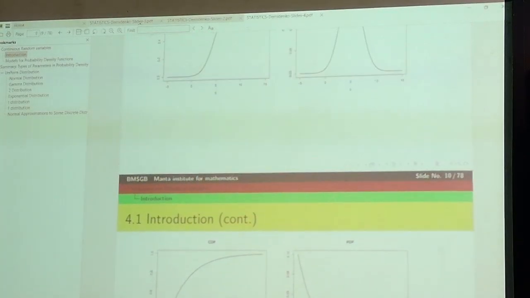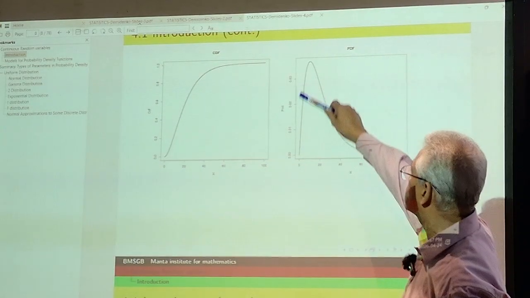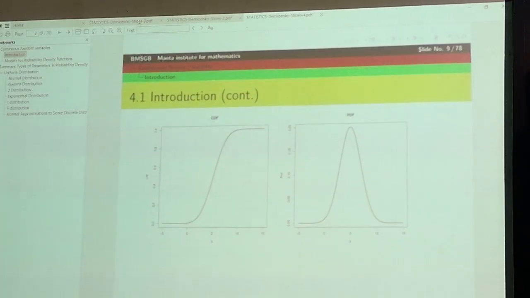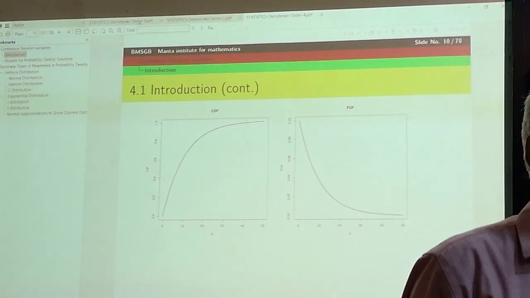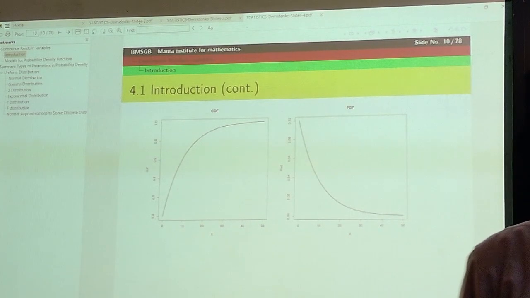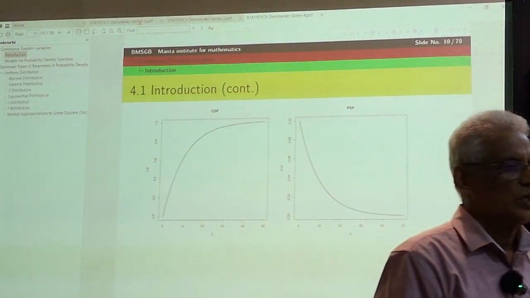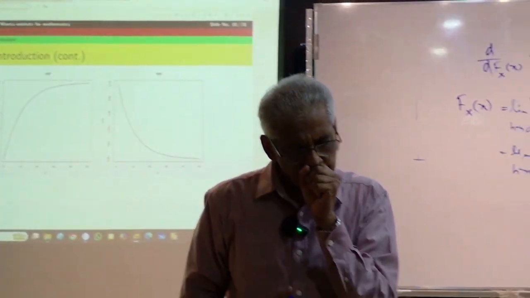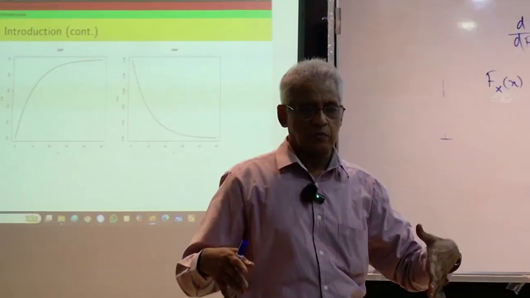So what we are going to use is functions either like this or like this or like this as density functions. For a given random variable, in order to find out probabilities and so on, what we do is select a suitable probability density function model.